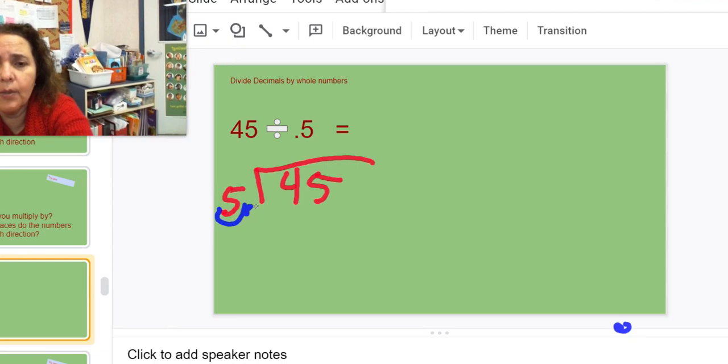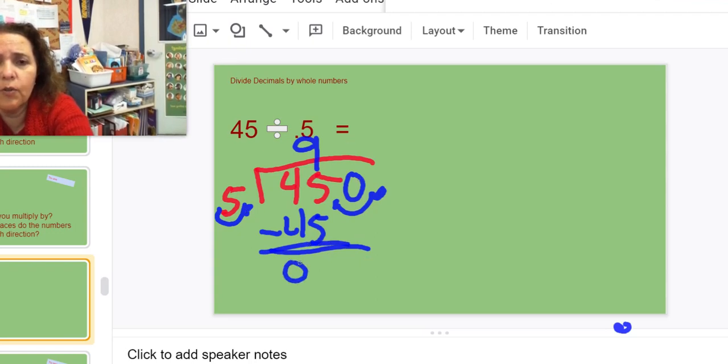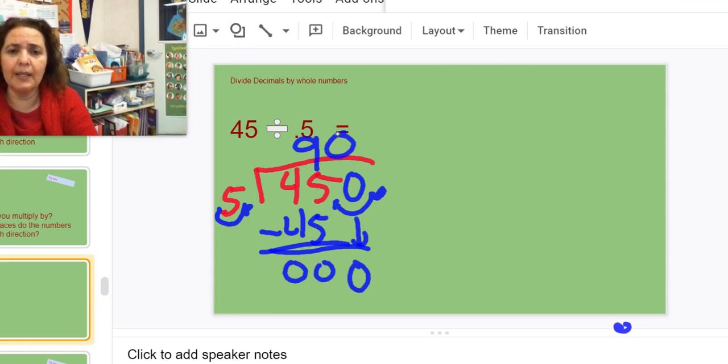I can add a decimal and do 1 shift right there. So that means I need to add a 0. So 5 goes into 45. 5 times 9 is 45, minus 45, 0, 0. But I still have another placeholder there. Another 0, so 5 goes into 0, 0 times. So my answer is 90.